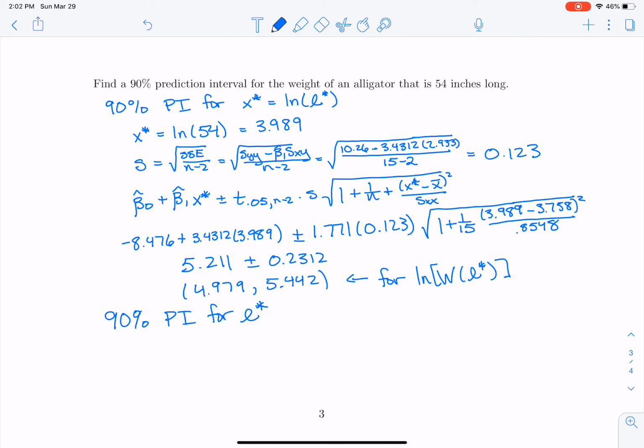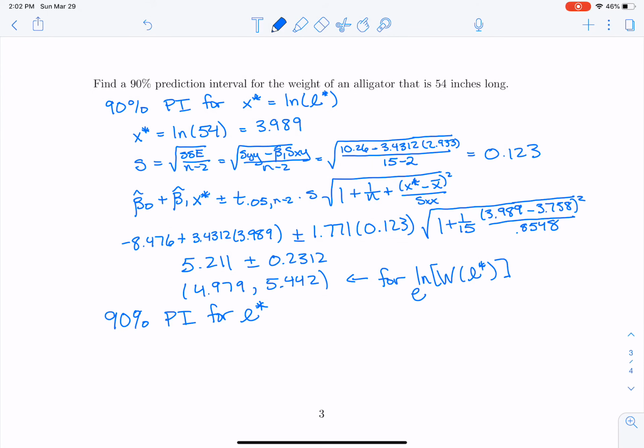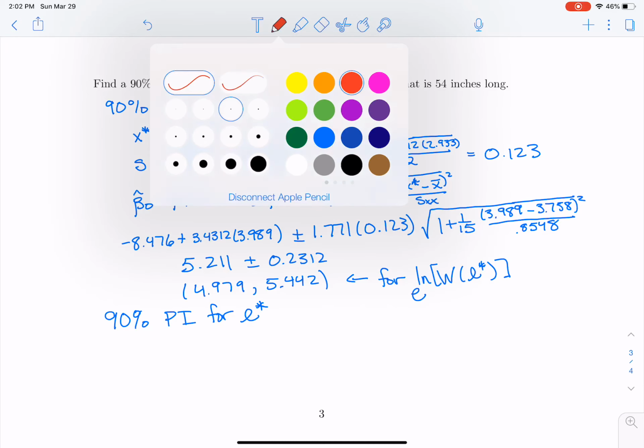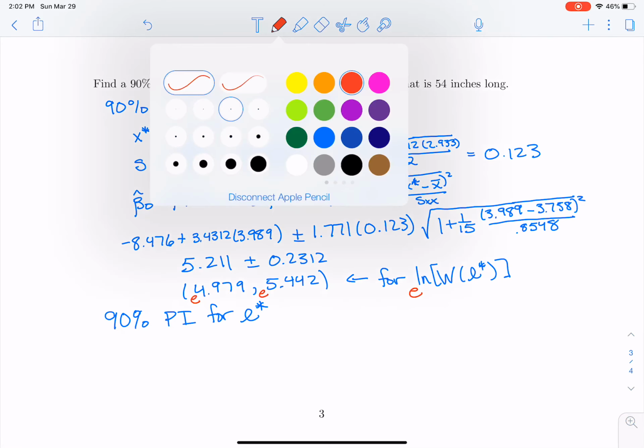Okay, so how do I figure that out? Well, I could just solve for W by doing E, like I just did there. So I could do E to this and E to that, and that will give me my prediction interval. Okay, and so that's exactly what I'm going to do.